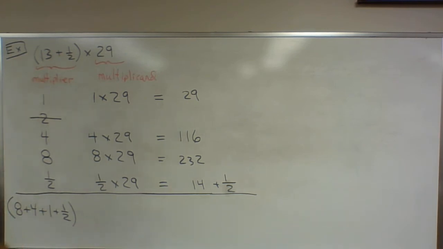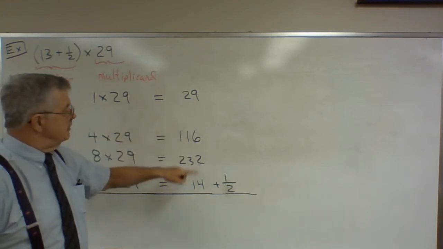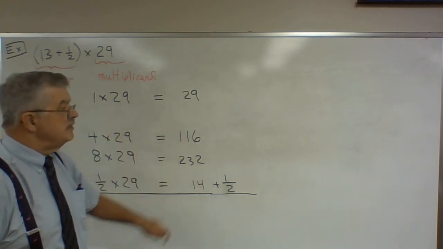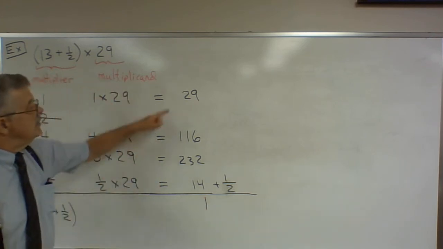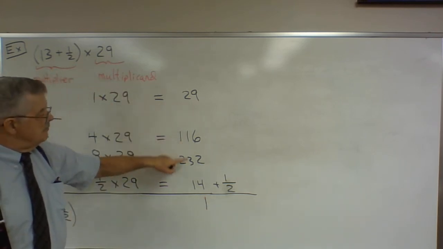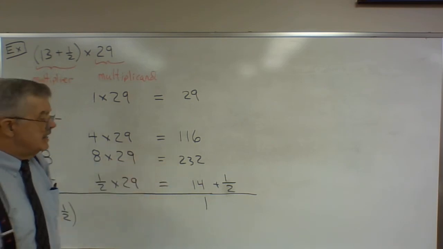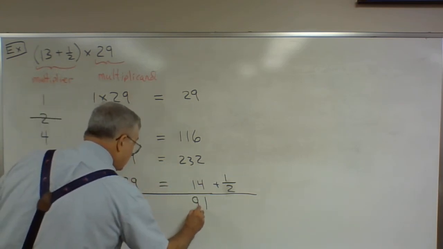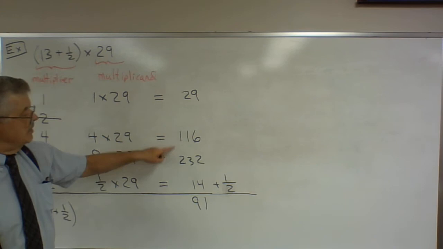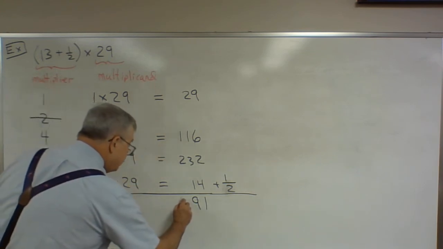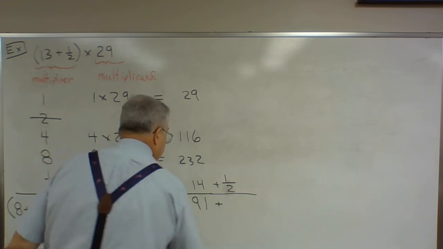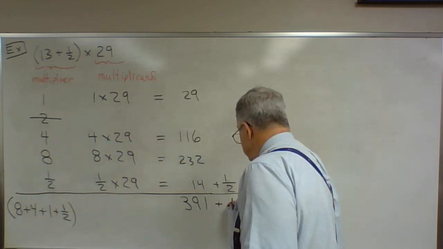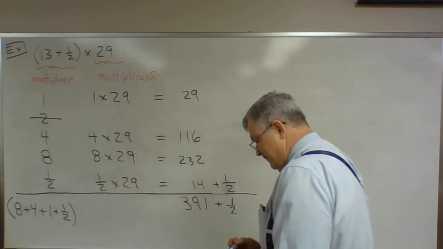Okay, let me see. 9 times 6 is 15, 17, 21. 2 plus 2 is 4, 5, 8, 9. I hope. 1 plus 2 is 3. Plus 1/2.